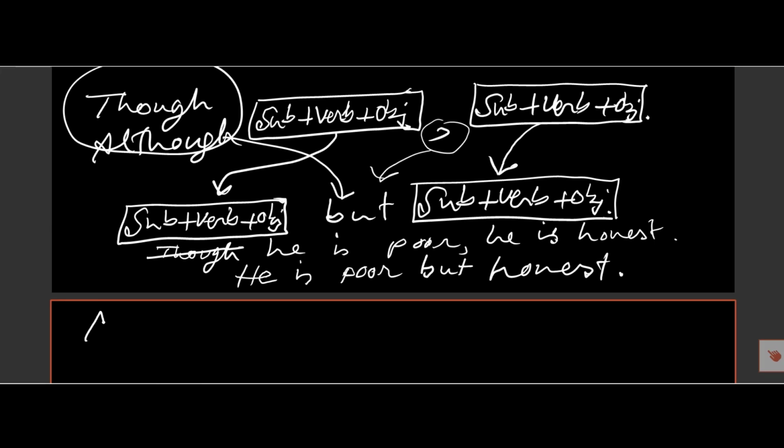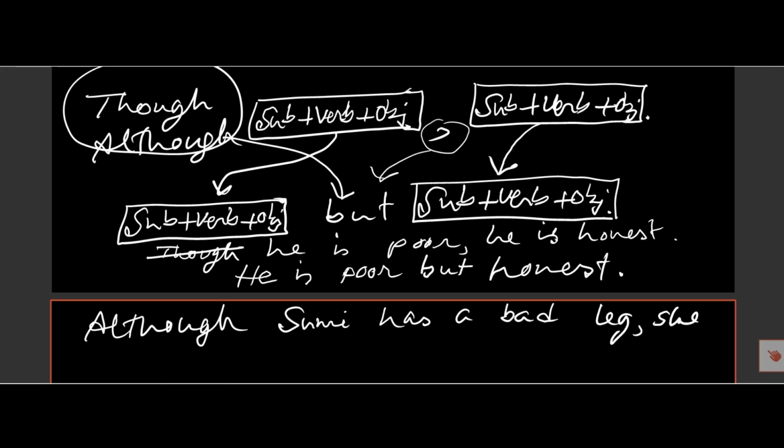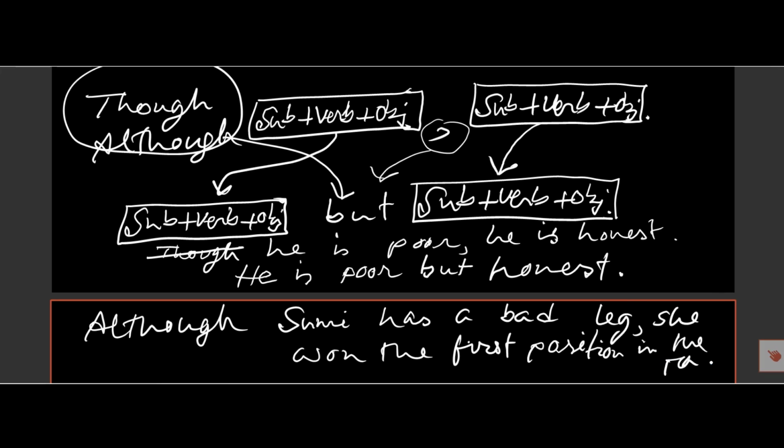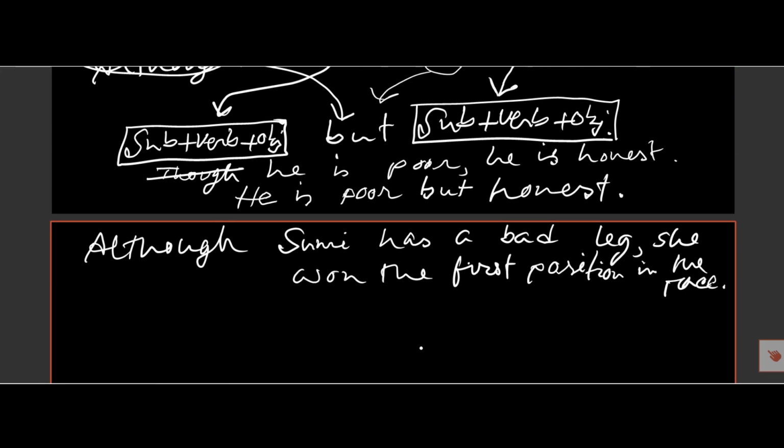Another example we can write here. Although Sumi has a bad leg, she won the first position in the race. This is a complex sentence.